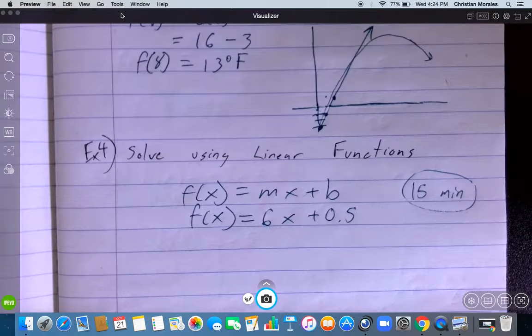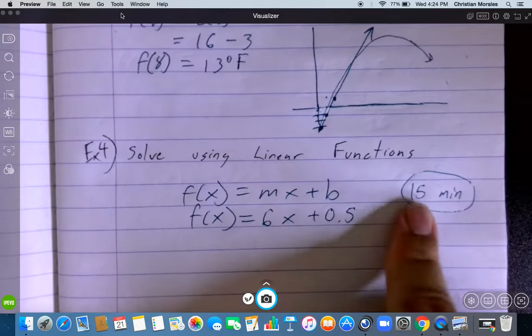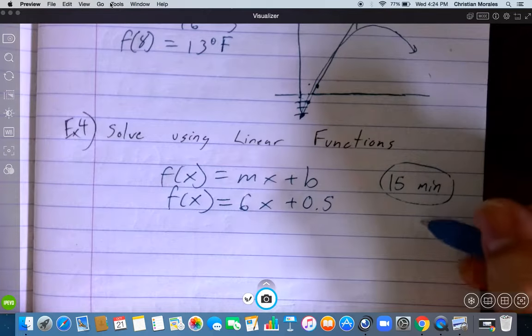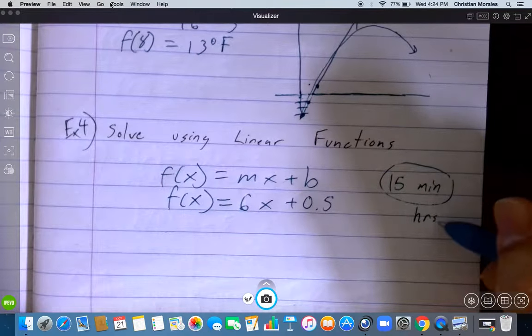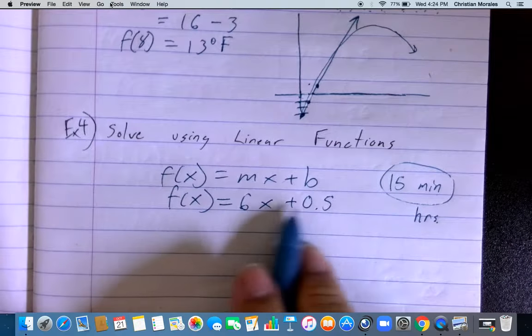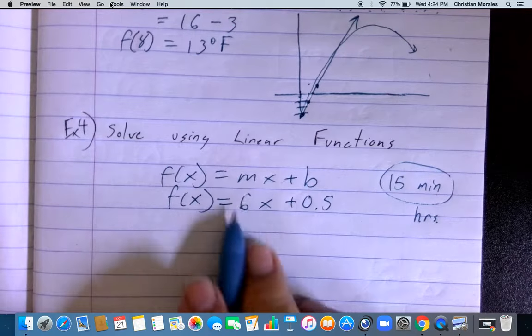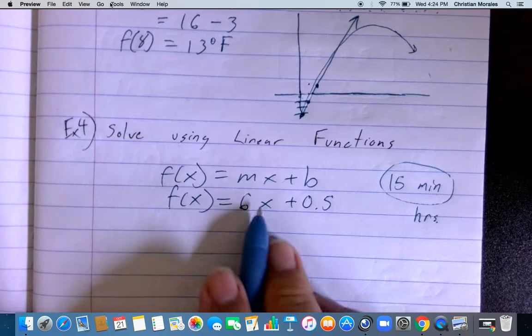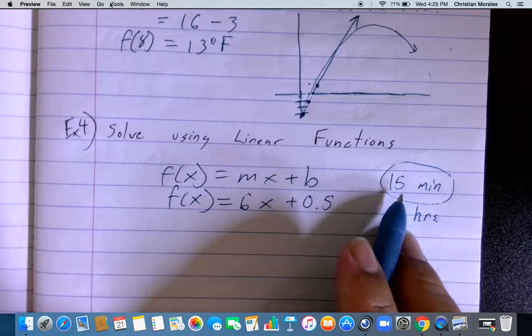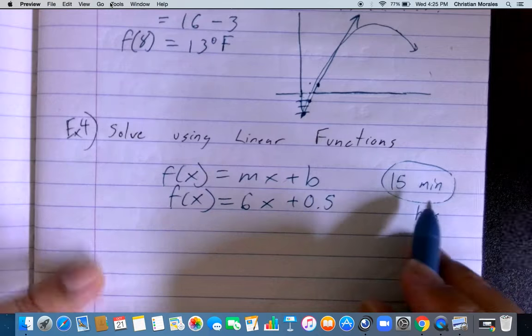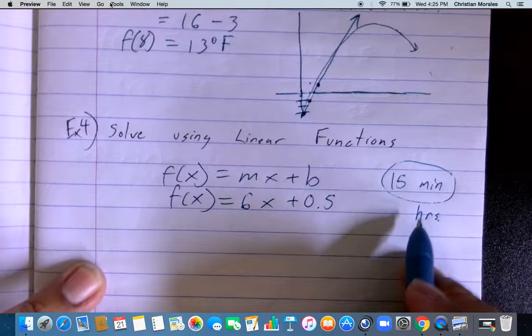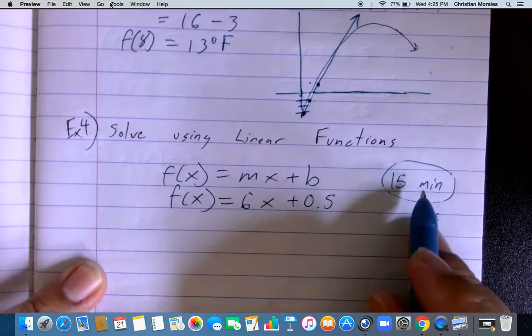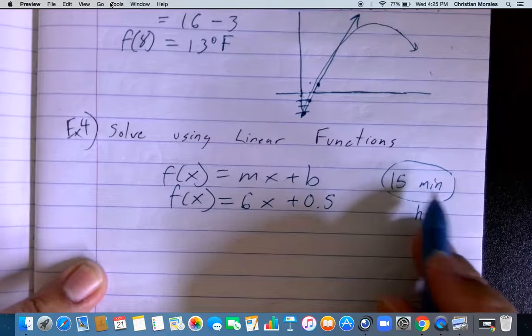The problem with this is that this has to be changed to hours, because this is talking about miles per hour. That was the speed. So I need to plug in hours. I don't have hours. So we have to talk about how do you convert 15 minutes into an hour. Well, how many minutes would it take to be a full hour? 60.